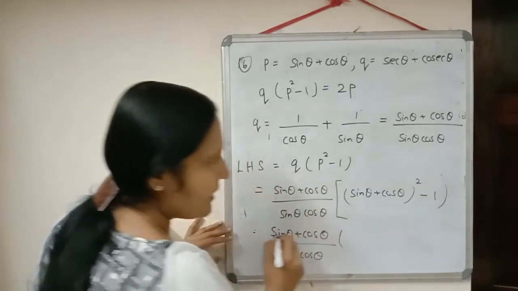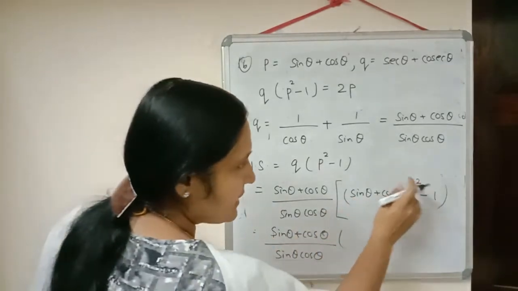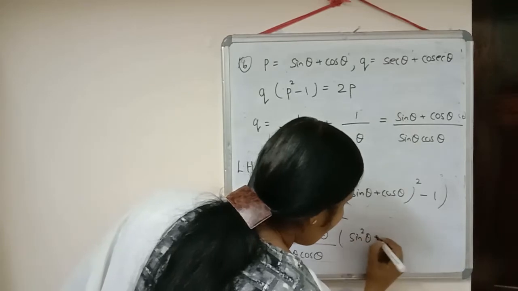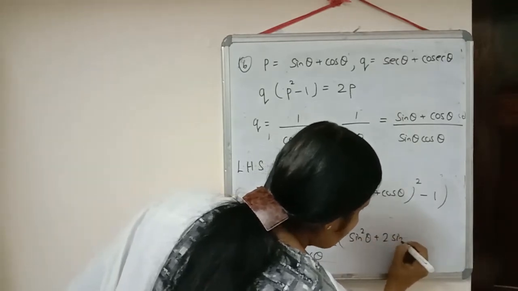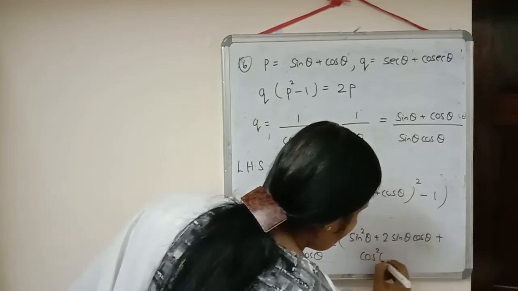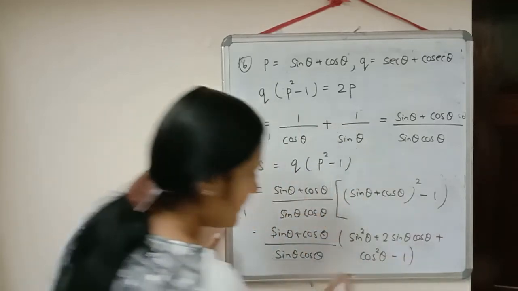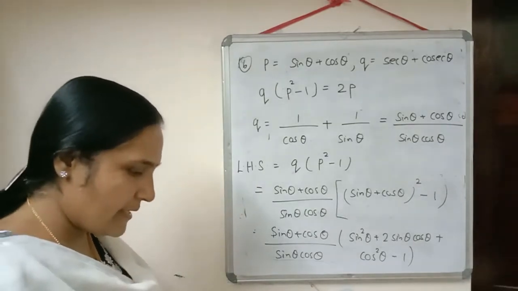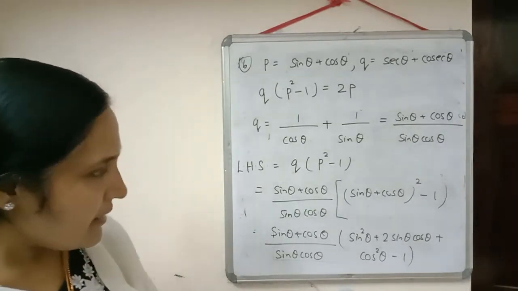Now we'll simplify it. We'll use the identity a plus b the whole square. Then it will be equal to sin square theta plus 2 sin theta into cos theta plus cos square theta, and then minus 1 is already there. Okay. Now just to check whether we can use any identity somewhere. Yes.